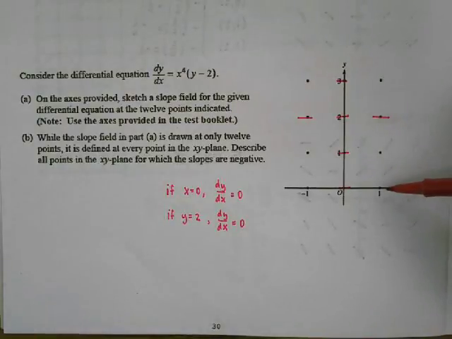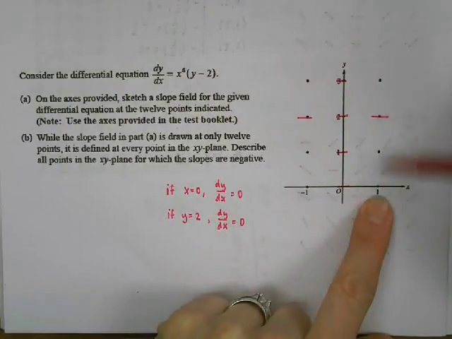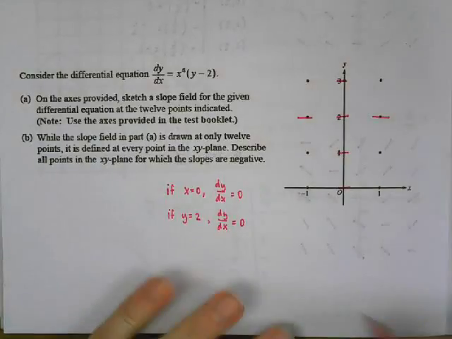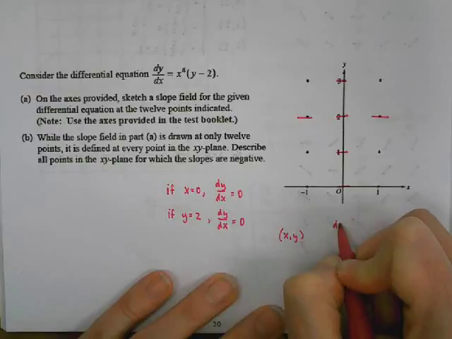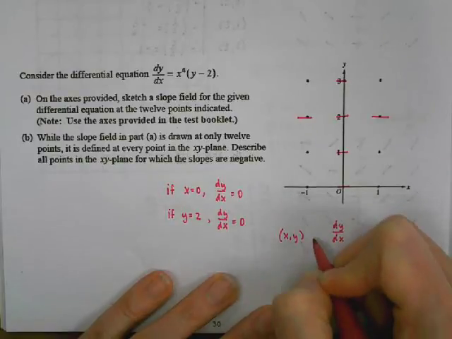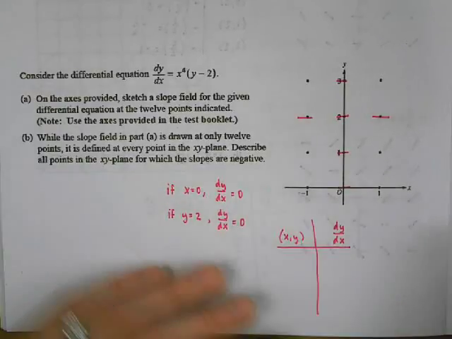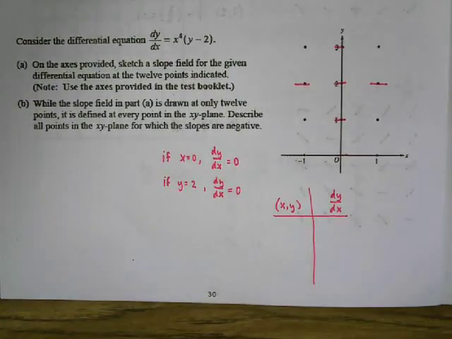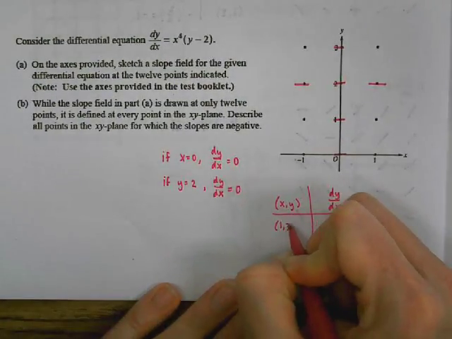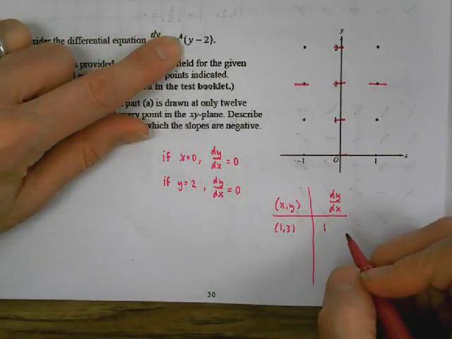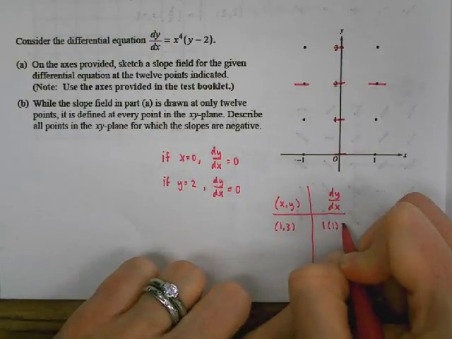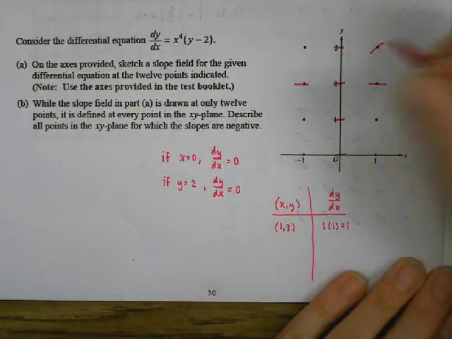So let's go ahead and check this out. When my point is (1, 3), and again, if it helps you, you can go ahead and make a quick table just to organize this a little more explicitly. So let's say my point is (1, 3). I know that 1 to the 4th is 1, times 3 minus 2 is 1. That gives me a value of 1 for that point.